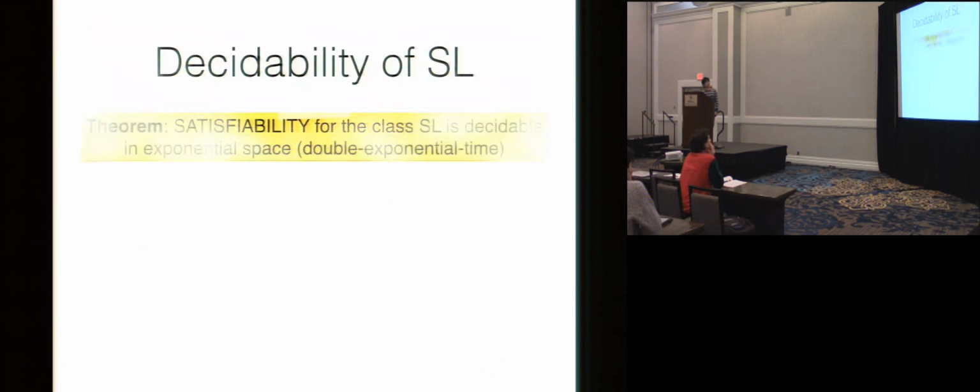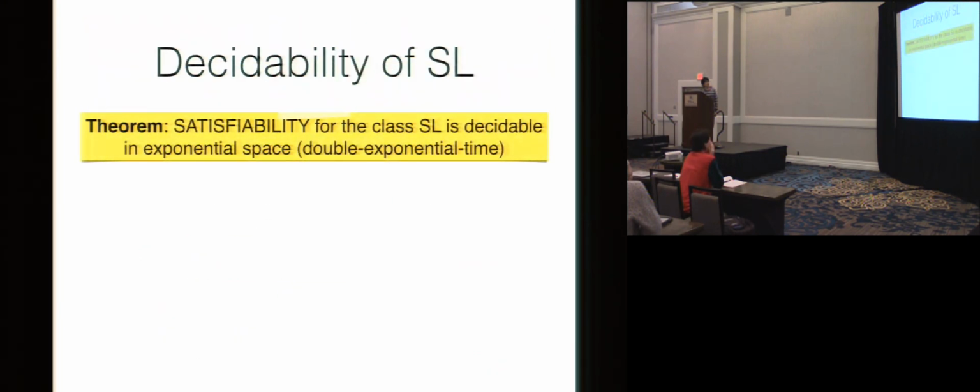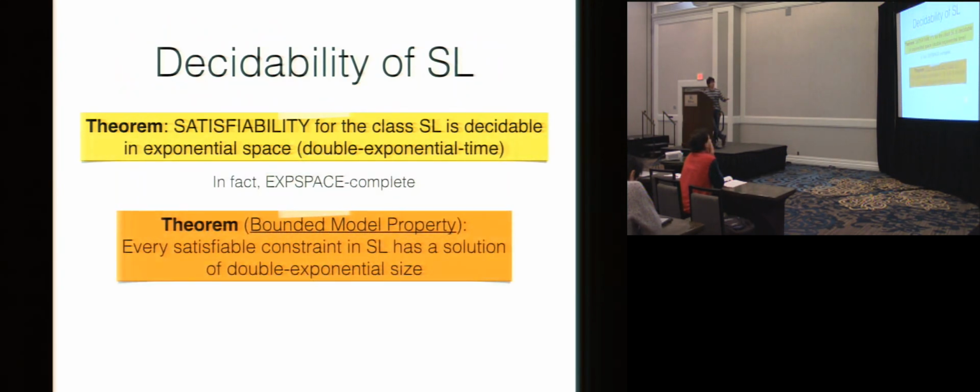What we show is that this logic is decidable, and in fact it's decidable in exponential space. In fact, this is exponential space complete. We also have a bounded model property, which is that every satisfiable constraint in SL has a solution of double exponential size.